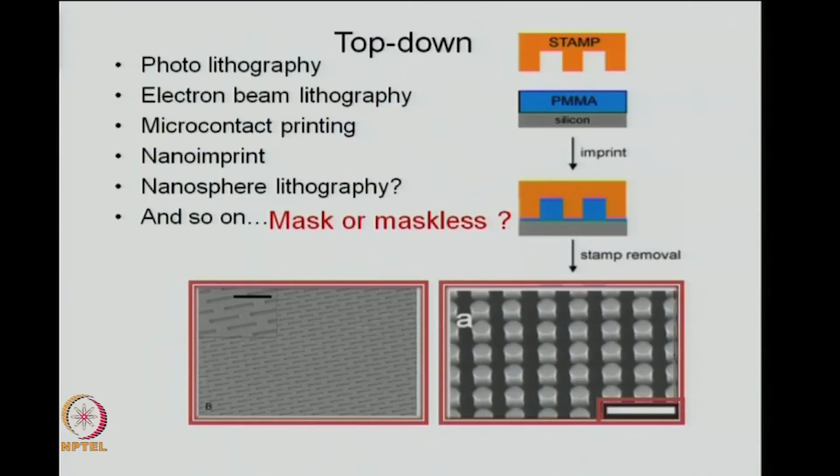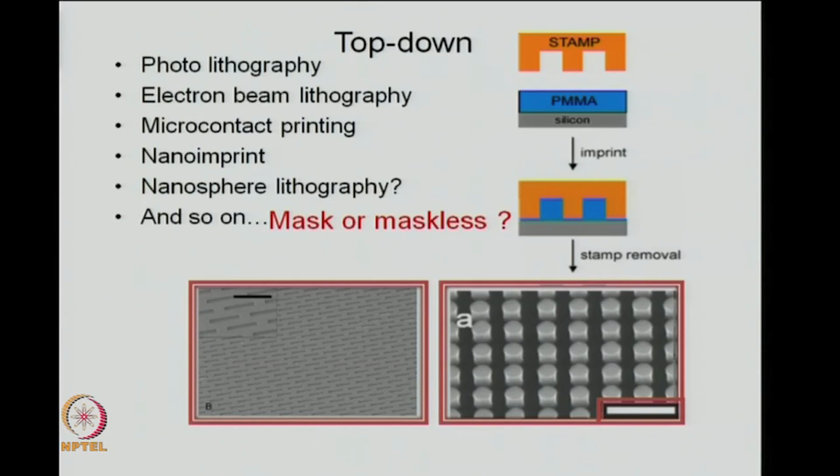Now, for the top down processes people have used different kinds of lithography. The term lithography of course comes from lithos, which is stone. So, you are making a structure or drawing from stone, and that is why it is called lithography.